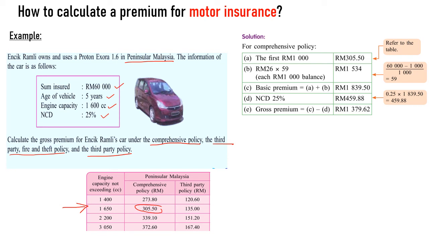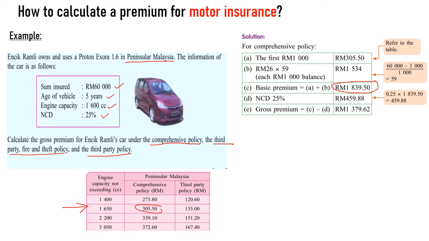So we use 26 ringgit multiplied by 59, because it calculates based on every subsequent 1000. So 59,000 means 59 units, with 1000 as 1 unit. And the total amount that he needs to pay is 1534 ringgit. And then the basic premium that he's supposed to pay is 1839 ringgit and 50 cent.